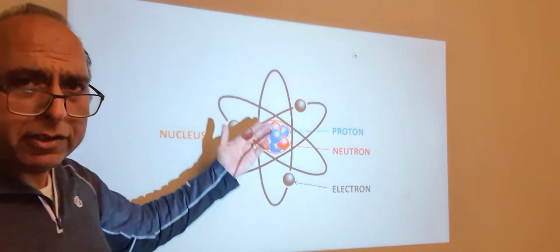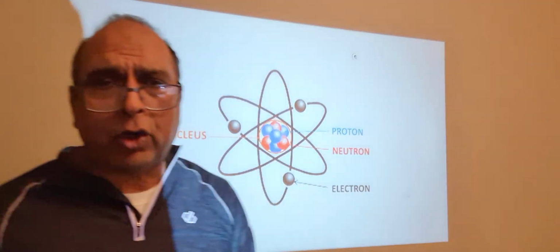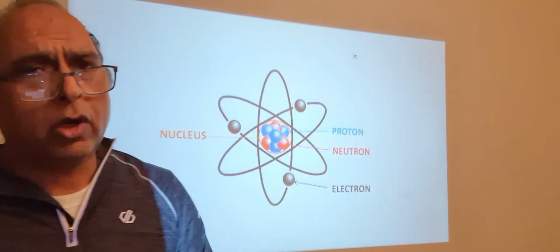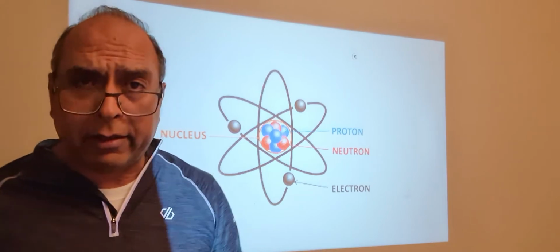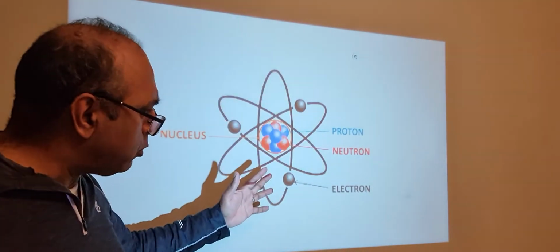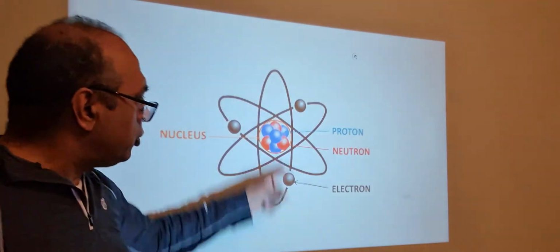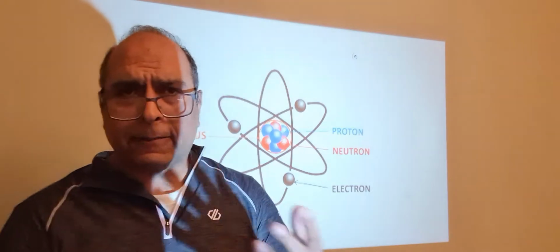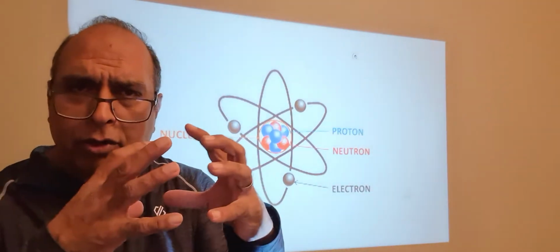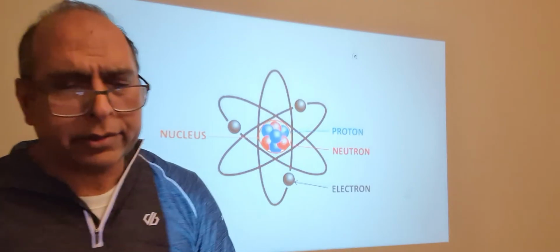That's the name given to the centre. And whizzing around the outside in what we call orbits, or what some books may call shells and subshells, around the nucleus are electrons. So electrons are in orbits around a central highly dense mass called a nucleus.